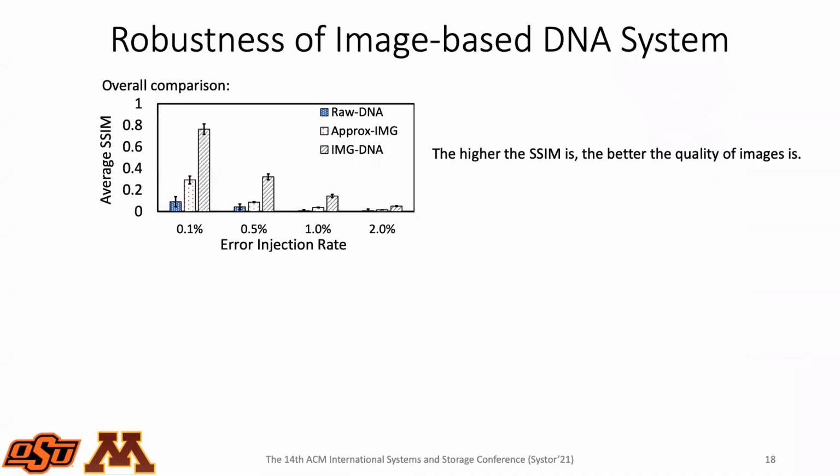Here we show the overall comparison between the three schemes, where we inject different error rates, and based on the result, we can see our scheme achieved the highest average SSIM, which means we achieve the highest quality of images.